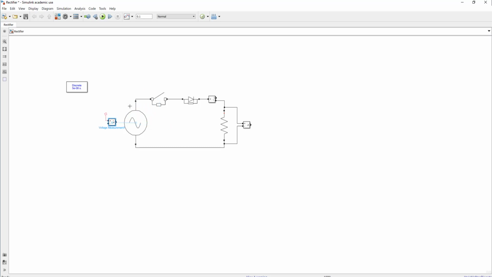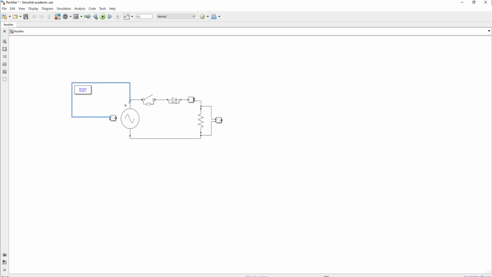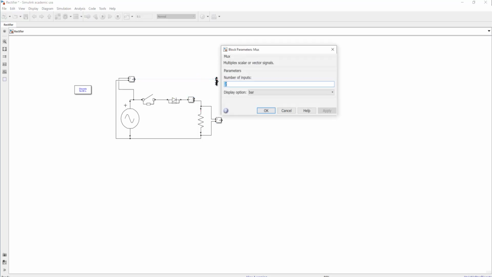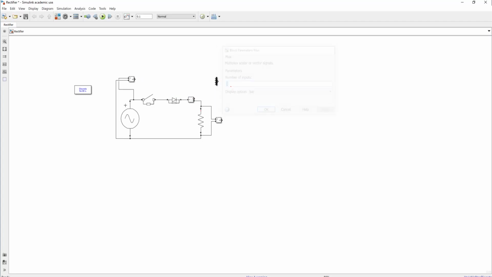So let me put this way. Okay, so these three, I'll give these three to a mux because I want to see those three signals, and since it is having three inputs, let me drag it a little to make sure what is what.